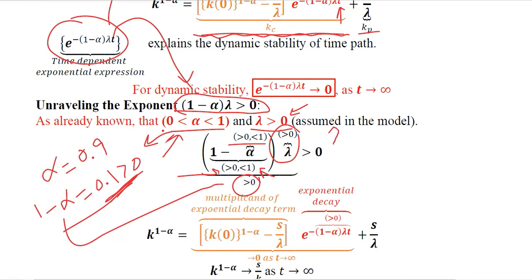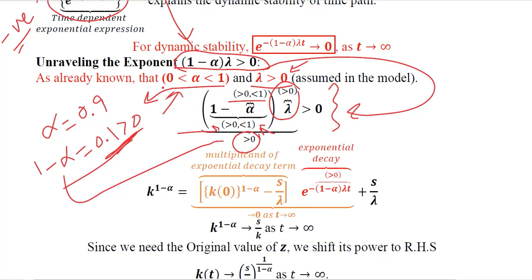So the answer of this term is positive, and we know that with this term there is a negative sign, so the exponent will be negative at the end. So exponential decay will happen here as the exponent is negative.